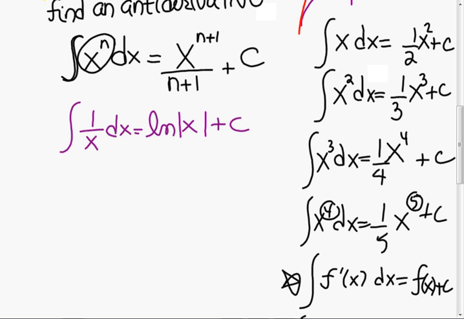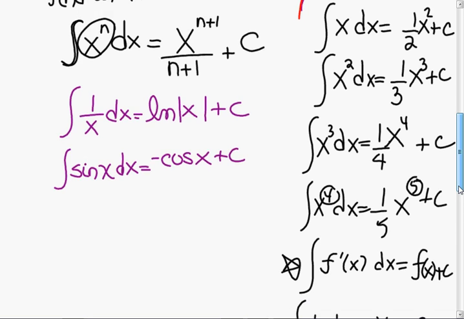How about trig? What's the antiderivative of the sine of x? You are right on it today. Negative cosine of x plus c. How do I know I did it right? Take the derivative. I'm going to say that a million times before the end of this chapter. Probably end of the year.